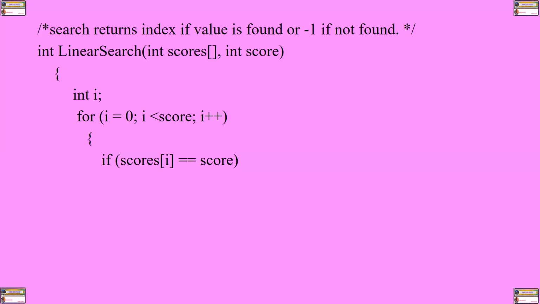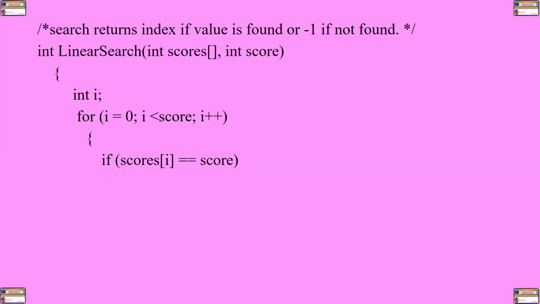Compare the first element in the array, that is called 0, with the value which has been received to see if they are equal.